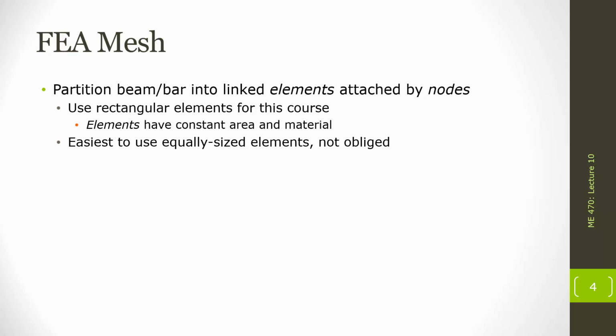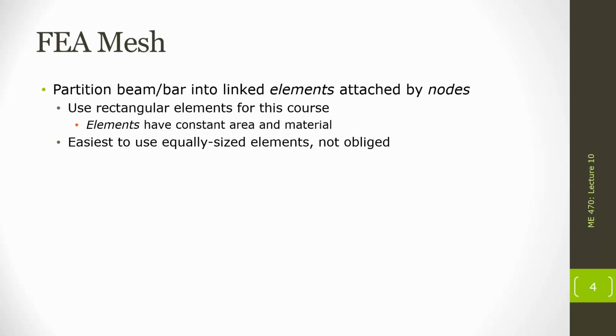So if we have a beam, say, that has a hole in it, we might want a lot of elements near that hole. And as we get further from the hole where things are going to be pretty stationary or pretty constant, we could afford to use fewer and fewer elements as we get away from interesting features or rapidly changing features in our object.